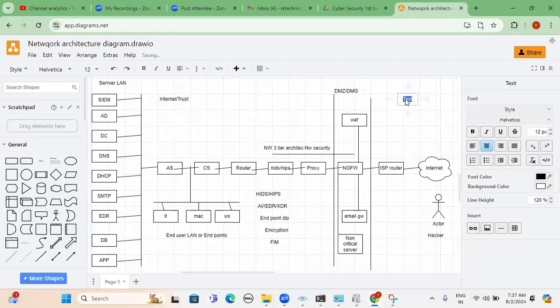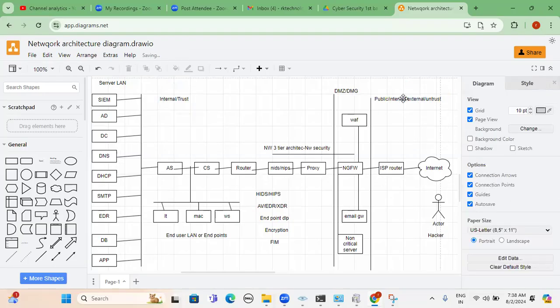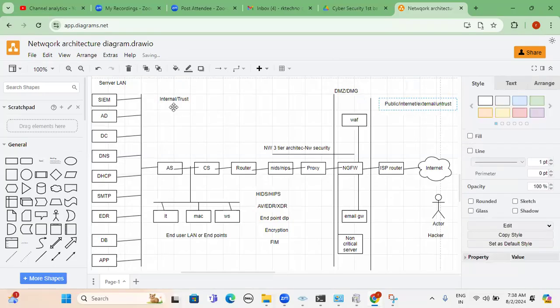And the third one is public or internet or external or untrust. So these are the four names on the untrust side. Internal or trust is the first zone in our data center.